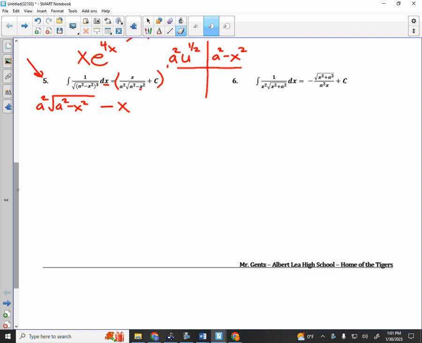So what's the derivative of u to the 1/2? 1 over 2 root u, but because you have the a squared, you're going to have an a squared on top. What's the derivative of a squared minus x squared? Negative 2x.